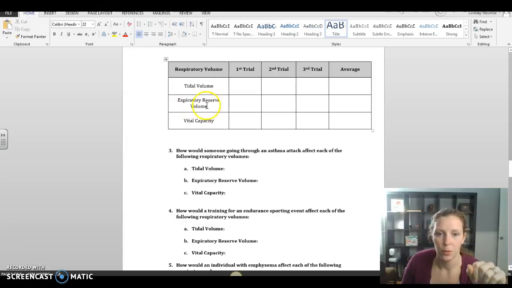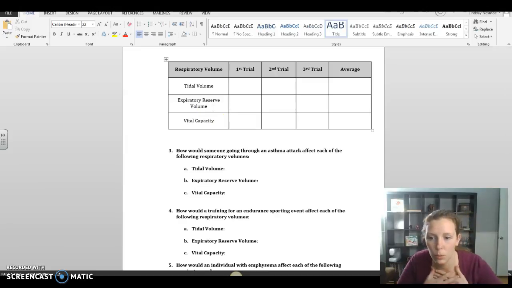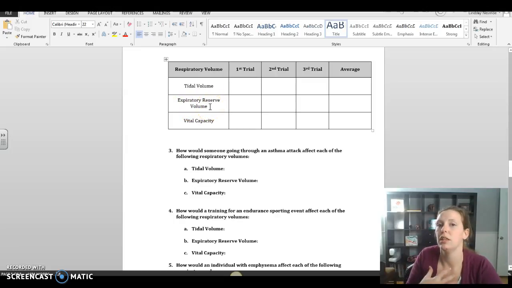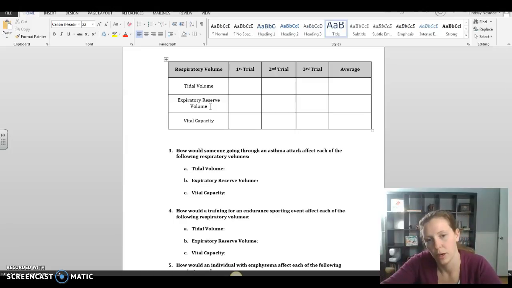But the expiratory reserve volume is a little bit bigger breath. If you do a normal tidal volume in and out, and then you blow all the way to the end until your lungs feel like they're empty, that is your expiratory reserve volume. It's the amount that you usually keep during a normal breath, but you could blow out if you tried really hard.